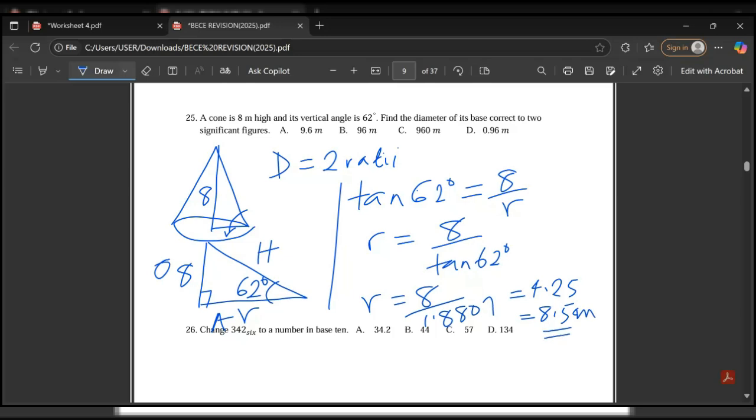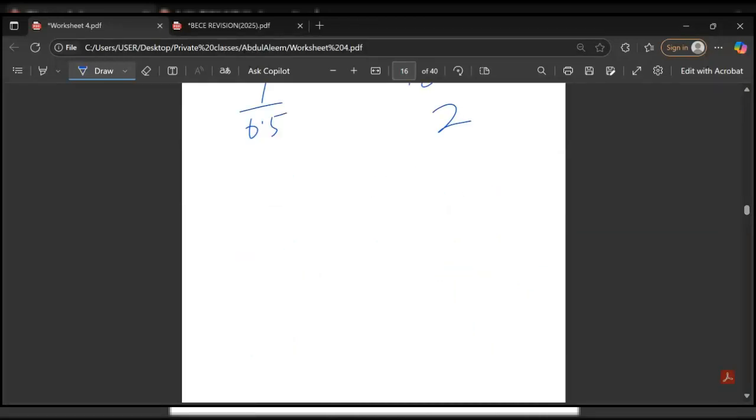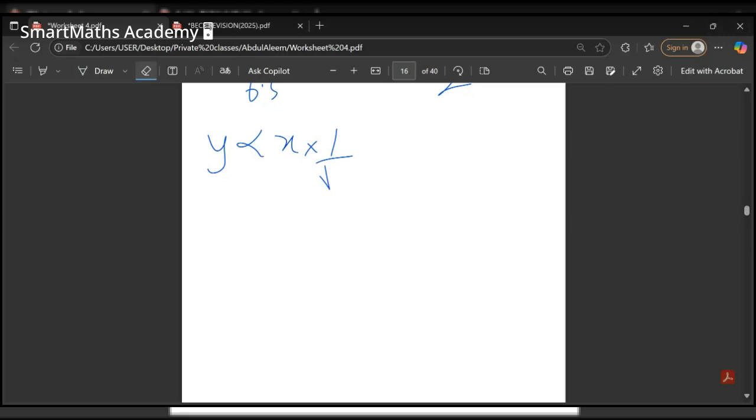Let me now go to the question someone asked on variations. If y varies directly as x, and inversely as the square of v, inversely means 1 over the square of v, that is v squared.